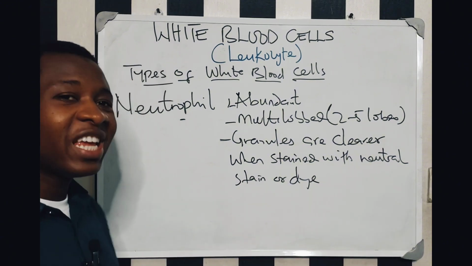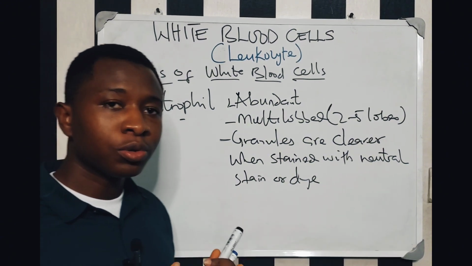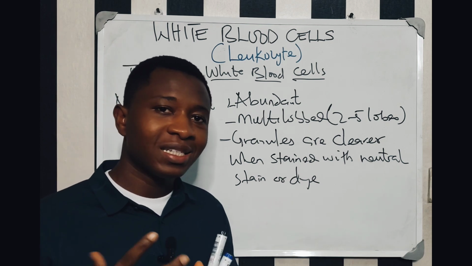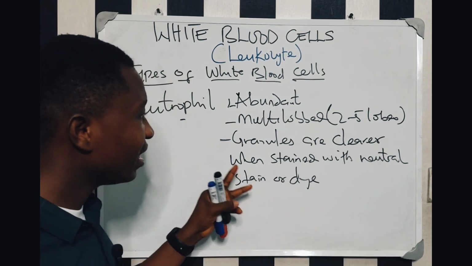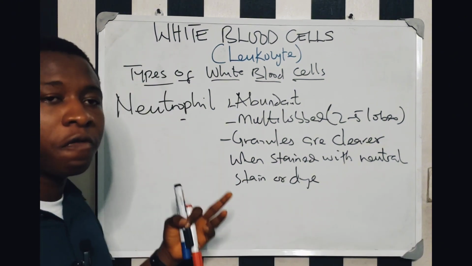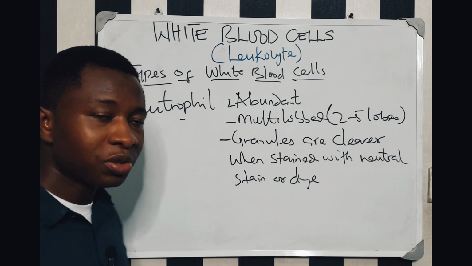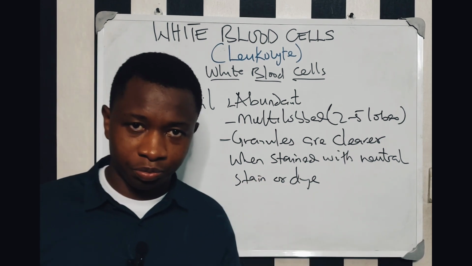So when you use a neutral stain or a neutral dye to stain the cell, the contrast of the granules is increased. So you can see the granules better when you stain it with a neutral stain, hence the name neutrophil. So the granules are seen when it is stained with the neutral stain.